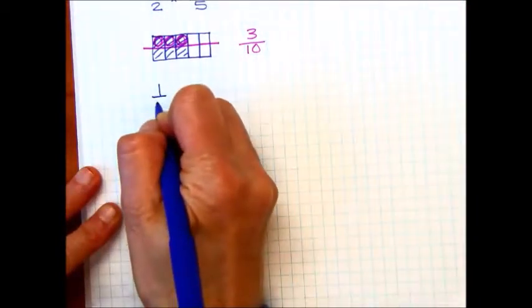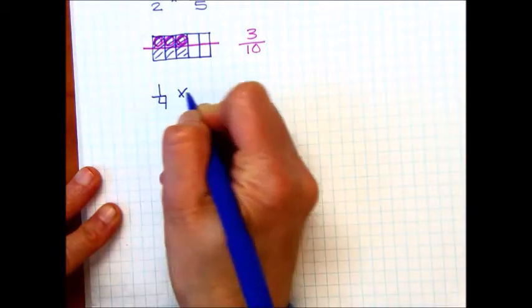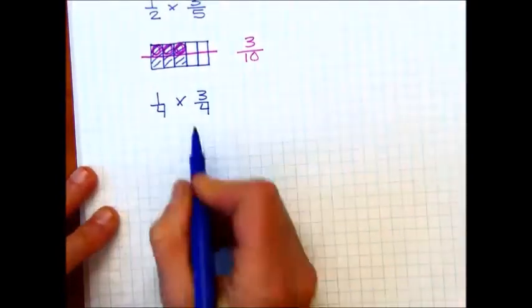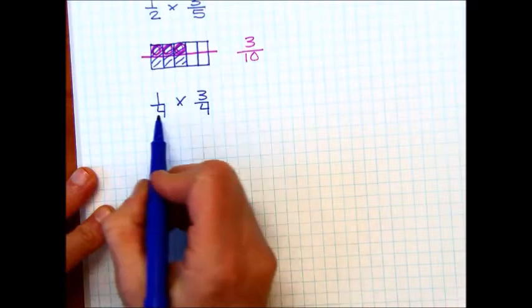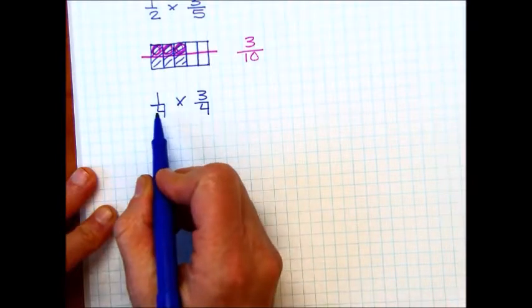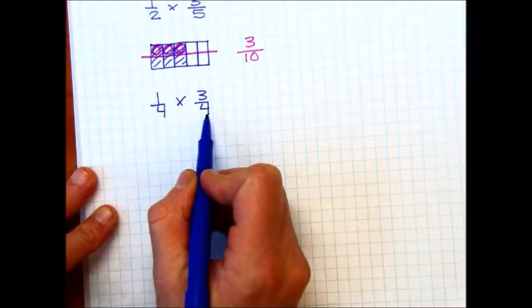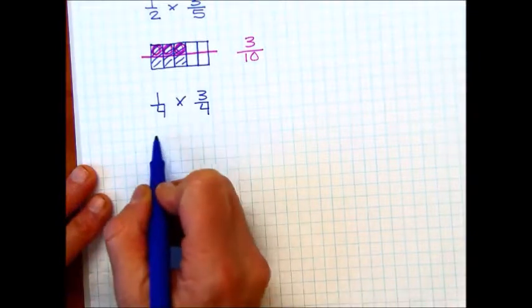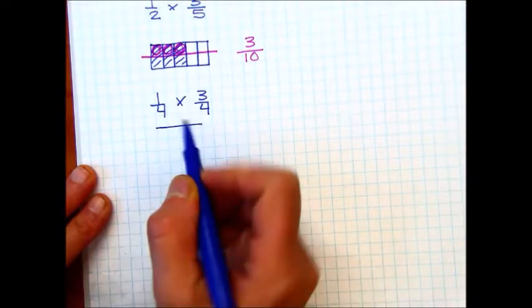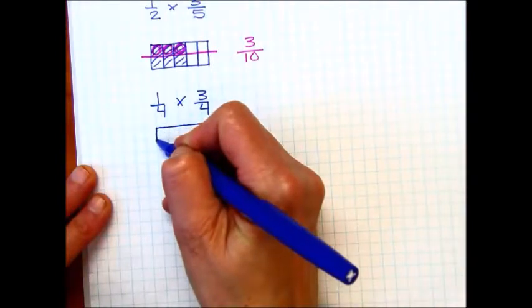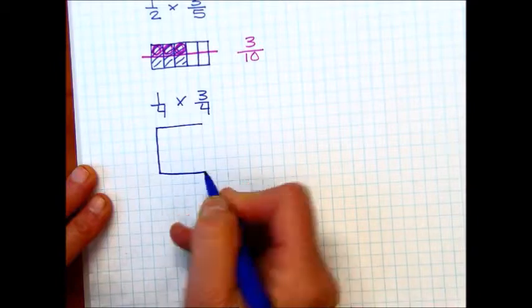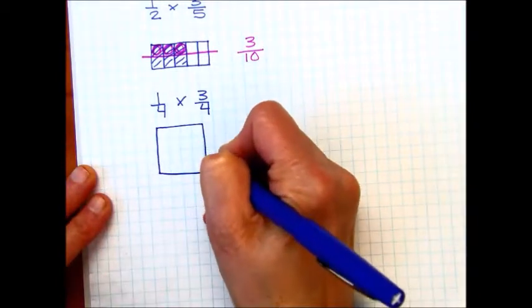Now we have 1/4 times 3/4. So that means I want to take 1/4 of 3/4. So first I want to represent the 3/4. I'm going to go ahead and make this a little larger so my model can show what I'm doing.